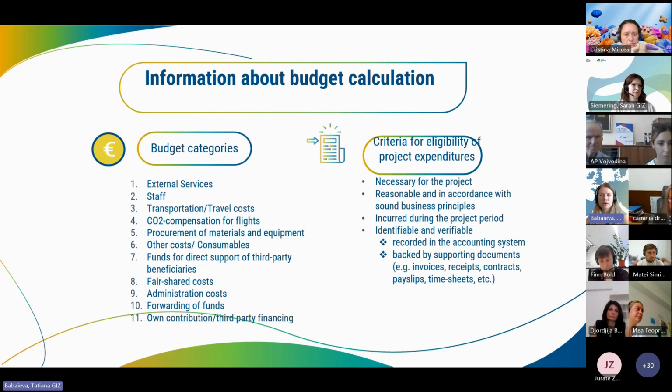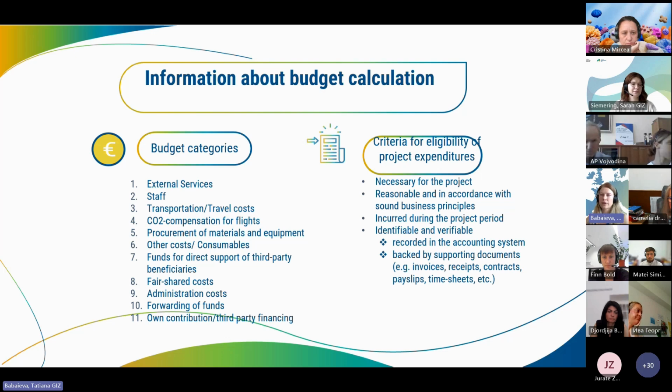The structure of the budget is the following. There is a key data sheet, a summary sheet, the main budget sheet of the recipient, and one sheet for each third-party recipient or implementing partner, as well as an example of the budget. The main sheet consists of 11 budget categories.